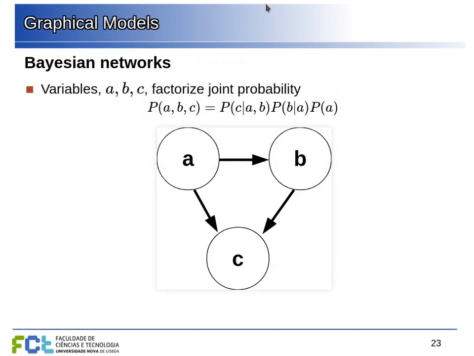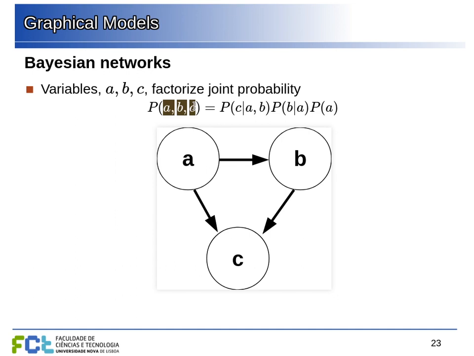The idea of a Bayesian network is to create a graph that represents with the directional edges the conditional probabilities that relate different variables. So as you know, we can factorize a joint probability distribution into products of these marginal and conditional probabilities.